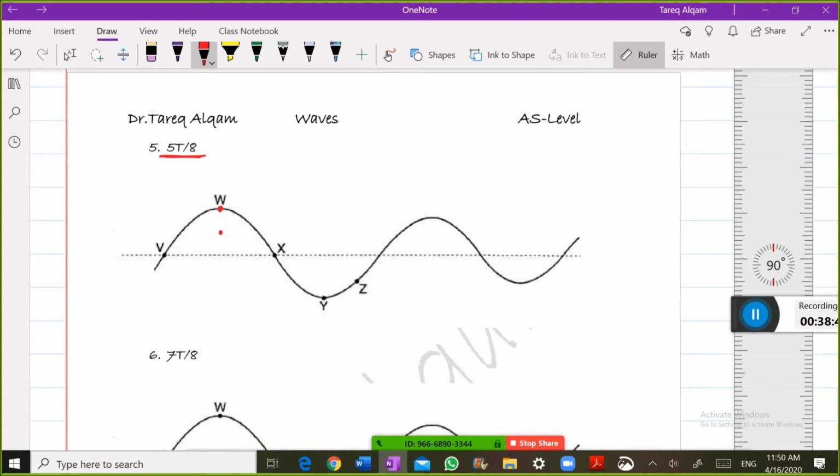This moment, 3/8. At this moment, 4/8, which is half period, right? Here, the string is moving down. After half a period, the wave returns back again. So here, this is 5T over 8.